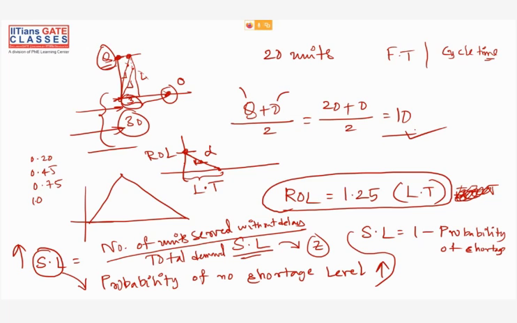Reorder level. What is reorder level? Reorder level is the number of units present at the time of placing order. Okay, I got it.